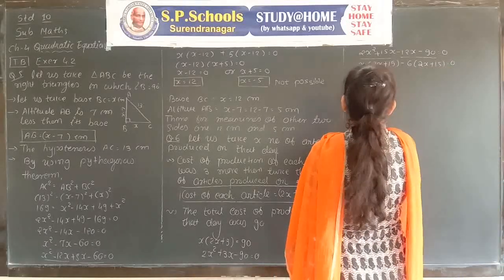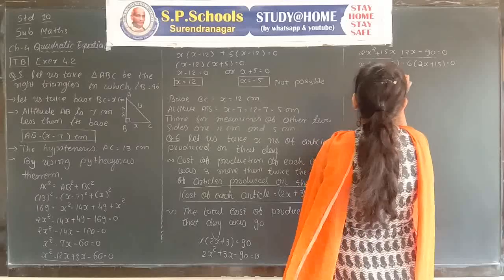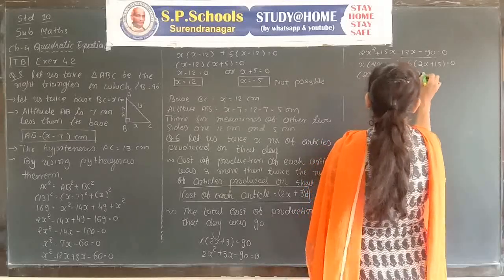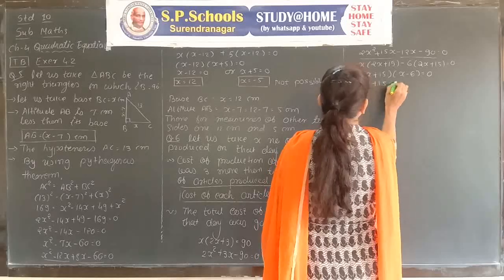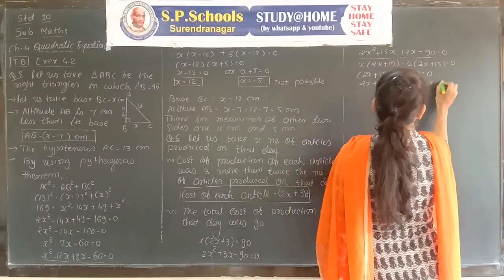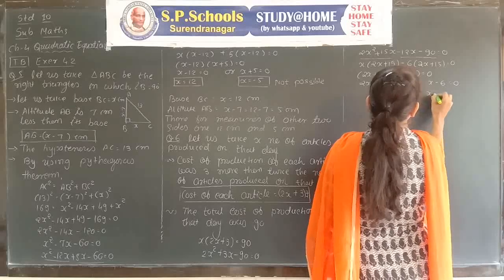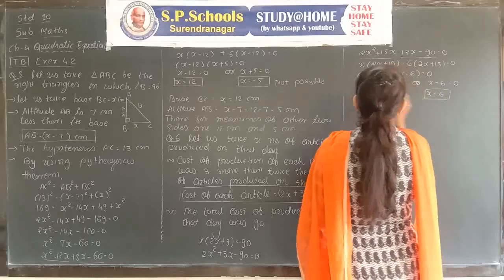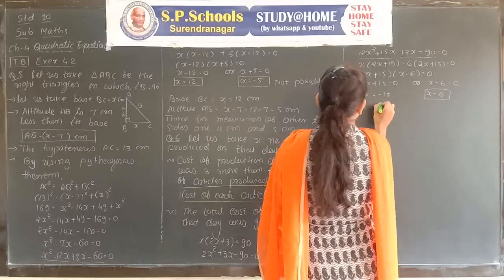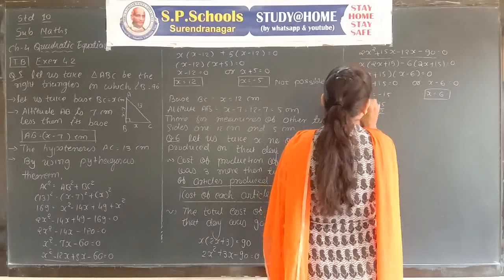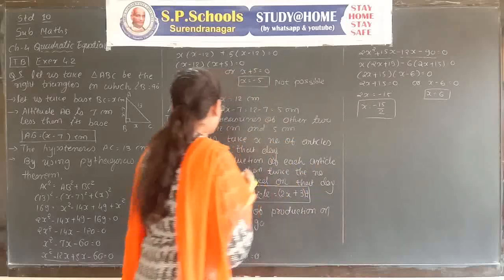Into the first bracket 2x plus 15, in another bracket x minus 6 is equal to 0. On comparing both brackets with 0, we get x is equal to 6, and here 2x is equal to minus 15, so x is equal to minus 15 upon 2. Now first of all, what is x?